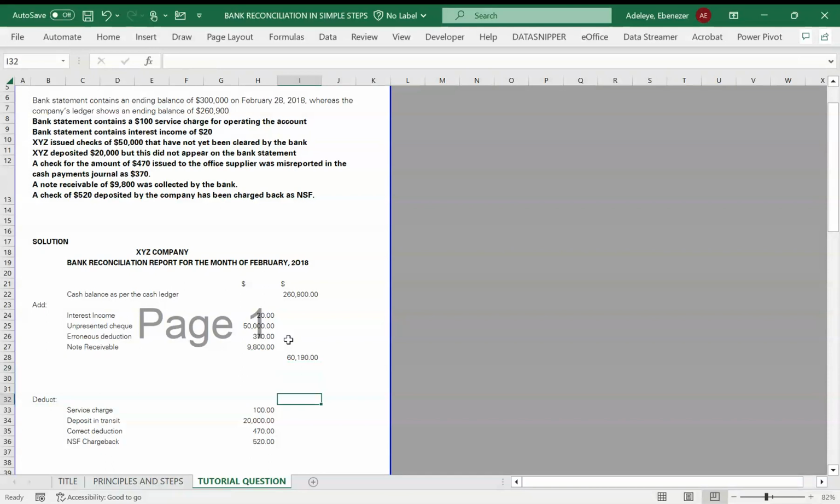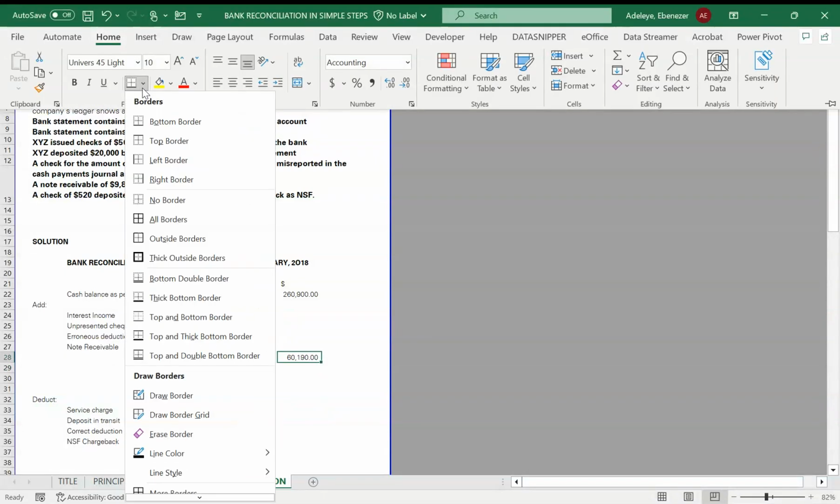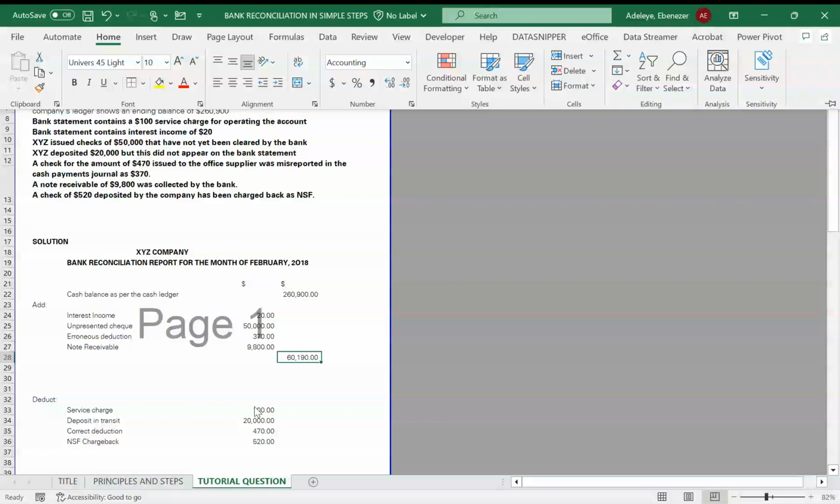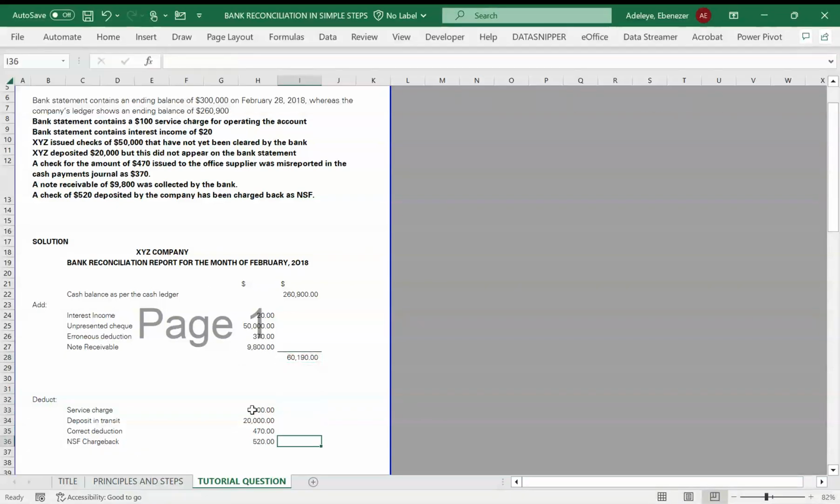So for that we have 60,190, and I'm going to format this to have a top border.